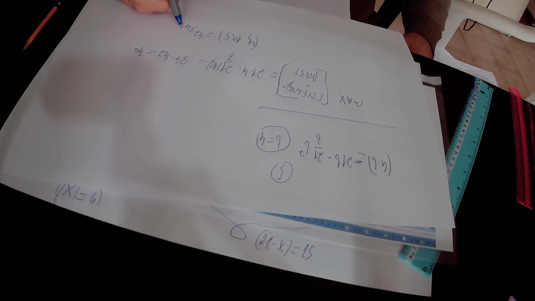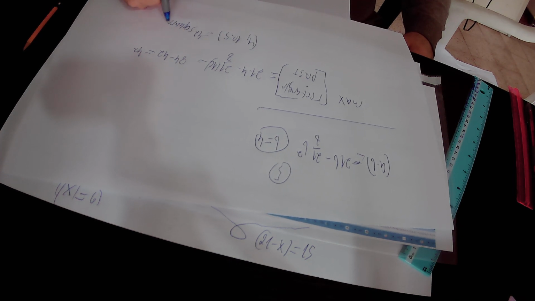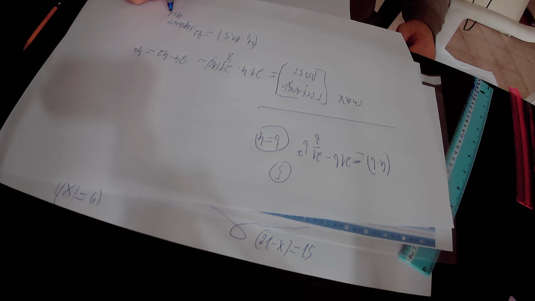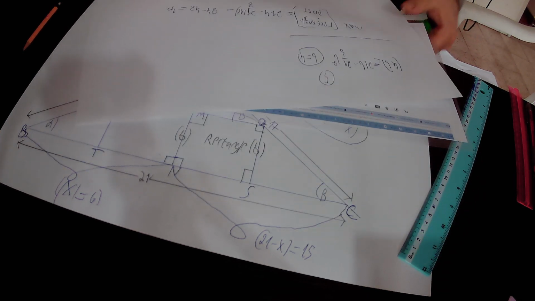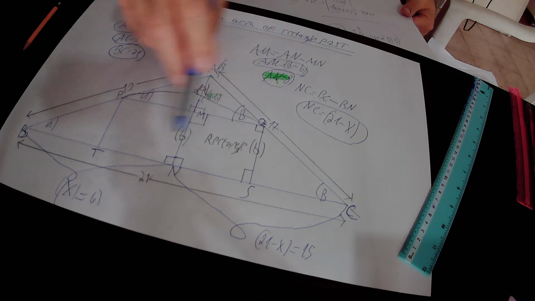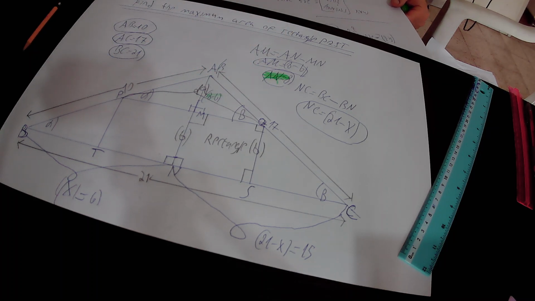And therefore the maximum area of this rectangle PQST is 42 square units. Okay, so in the next step I will summarize the lecture.